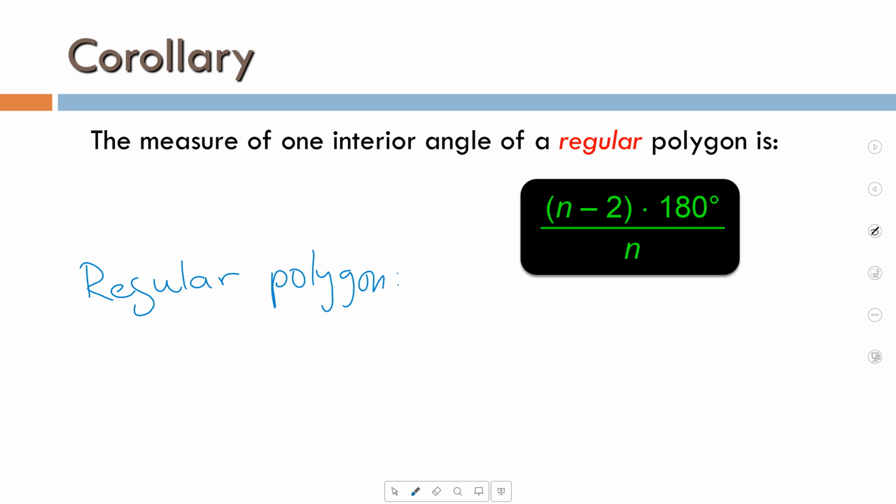Good. Okay, so a little flashback here to some terminology. We had the term equilateral. Equa meaning equal, lateral, side: equal sides. And then we had the term equiangular.